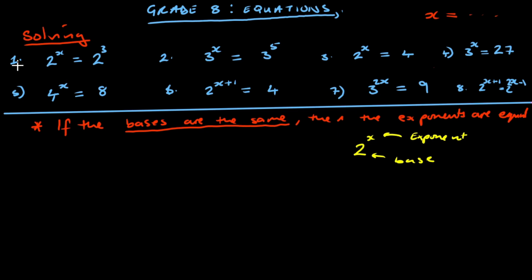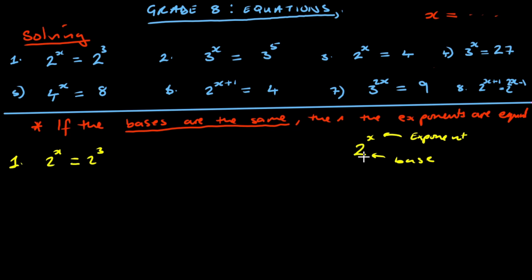So let's look at number 1. Are the bases the same here? We are dealing with 2 to the power x is equal to 2 to the power 3. What's the base here? 2. What's the base here? 2.